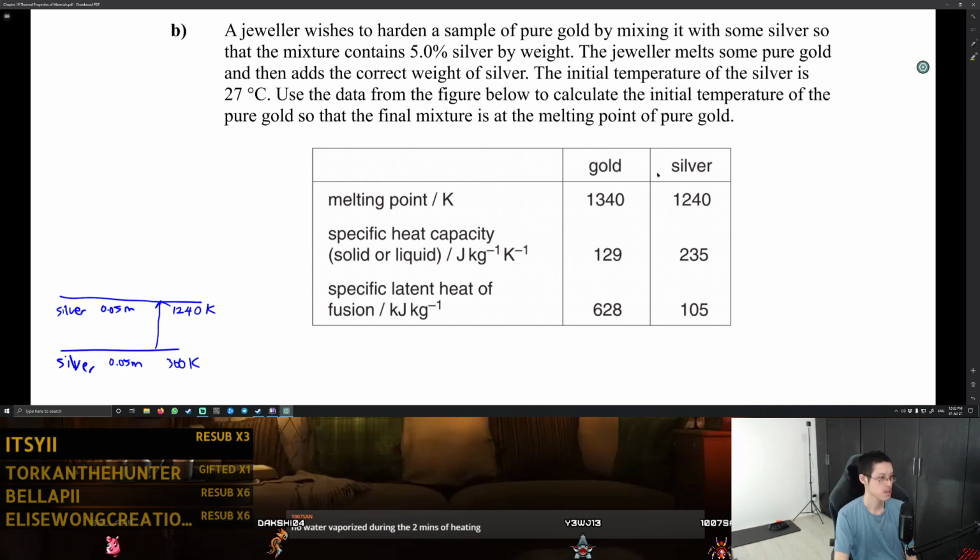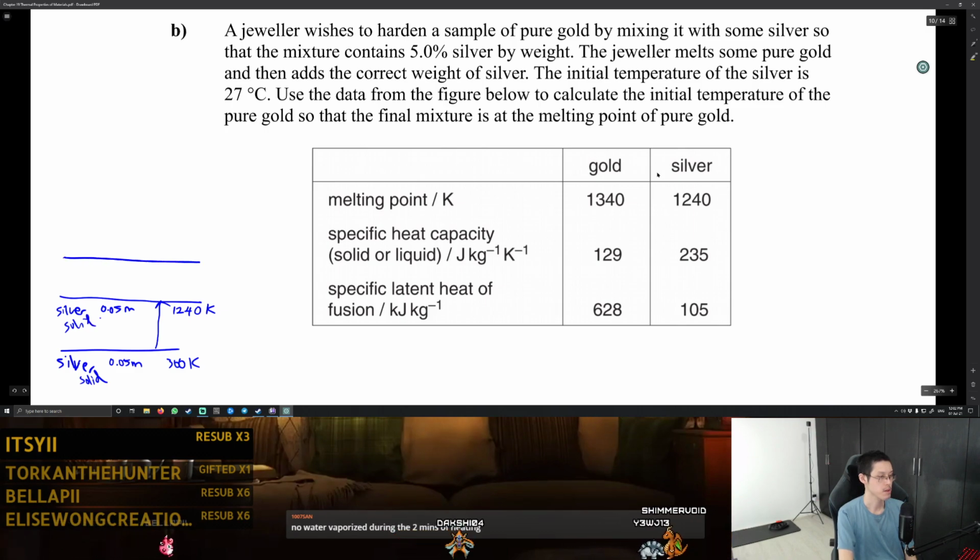Okay, so now this is solid silver, and now we're going to melt it. So when we melt it, we have to use another row, because we have to use a different equation since you are melting it at constant temperature.